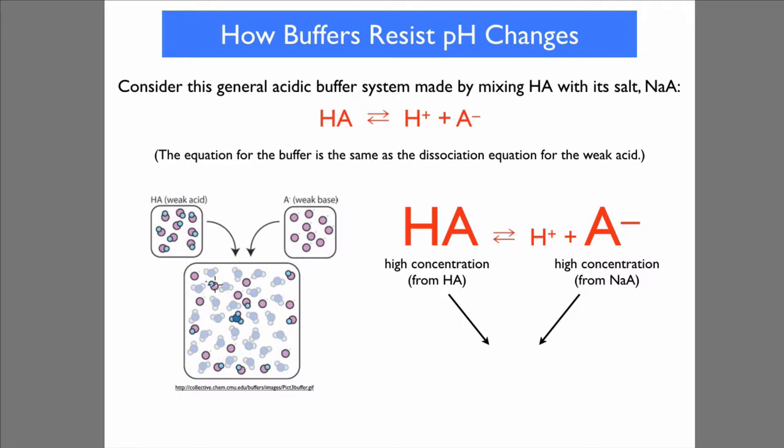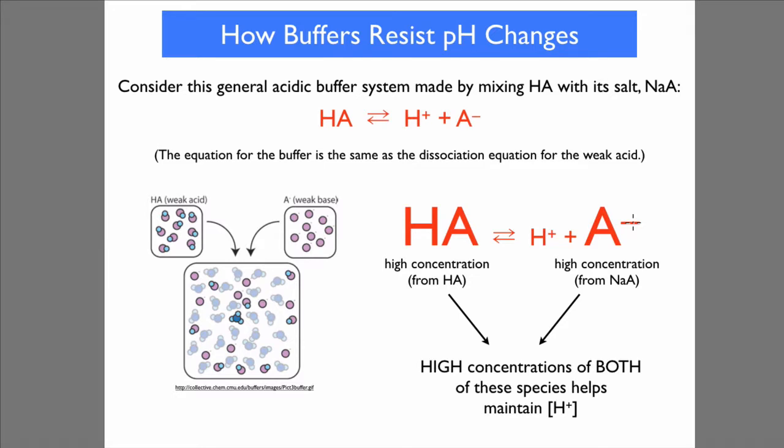There's the weak acid present and a lot of the weak base present. So a high concentration of HA and a high concentration of the anion, A-. High concentrations of both of these species help maintain the H+, the concentration of hydrogen ions.